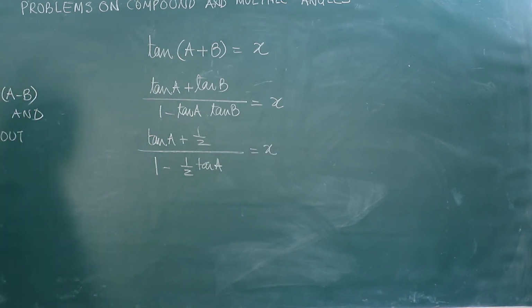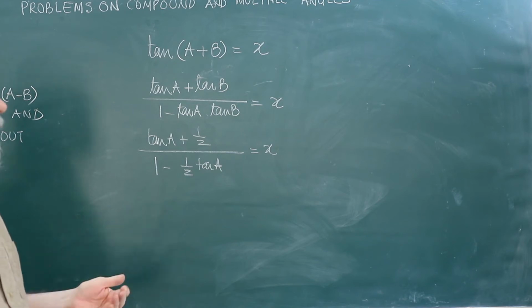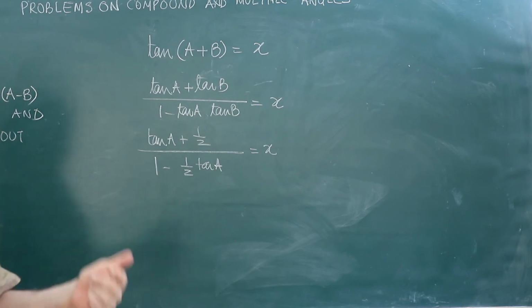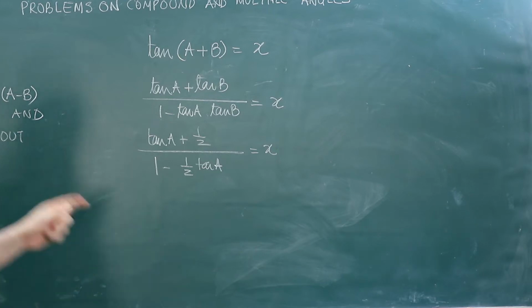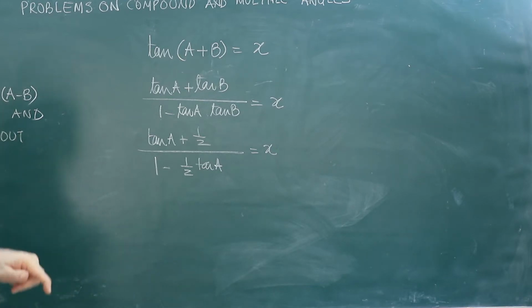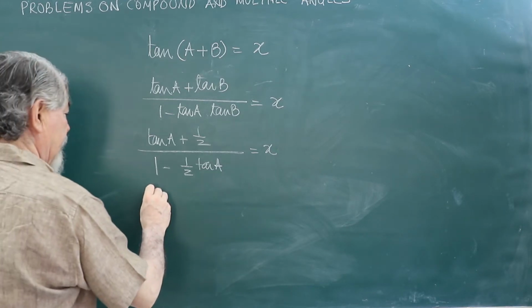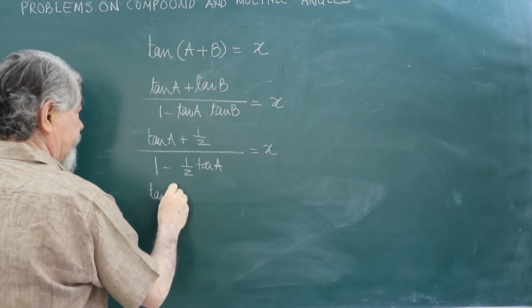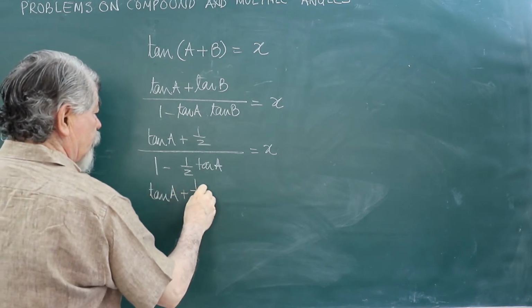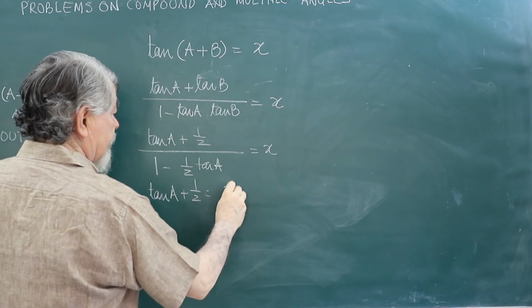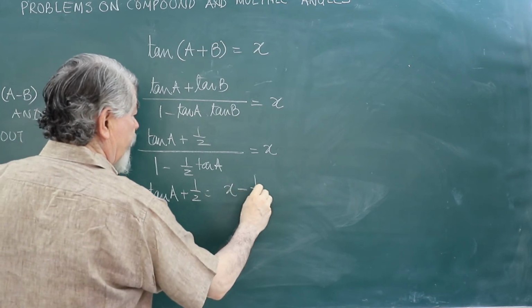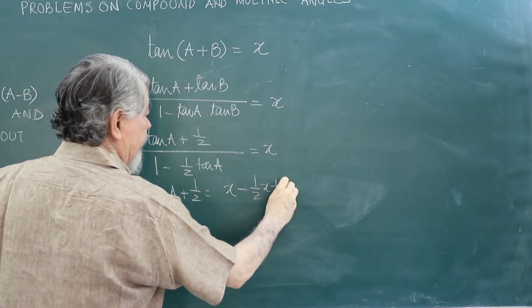Let us cross multiply and simplify, because we want tan a in terms of x. We have to prove tan a is equal to (2x minus 1) upon (x plus 2). So let us cross multiply. Tan a plus 1 upon 2 will be x minus half x tan a.